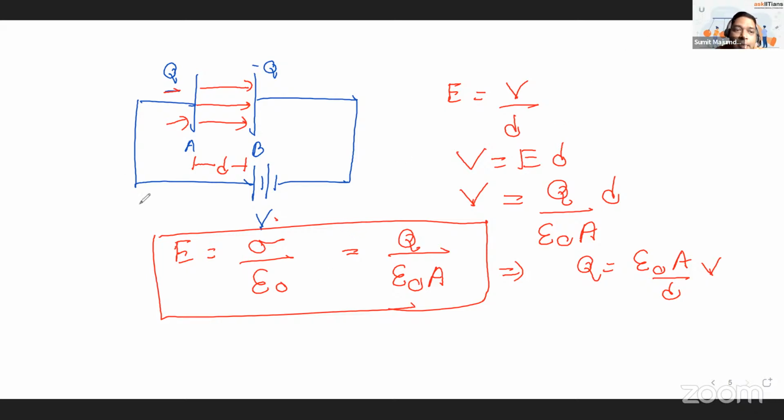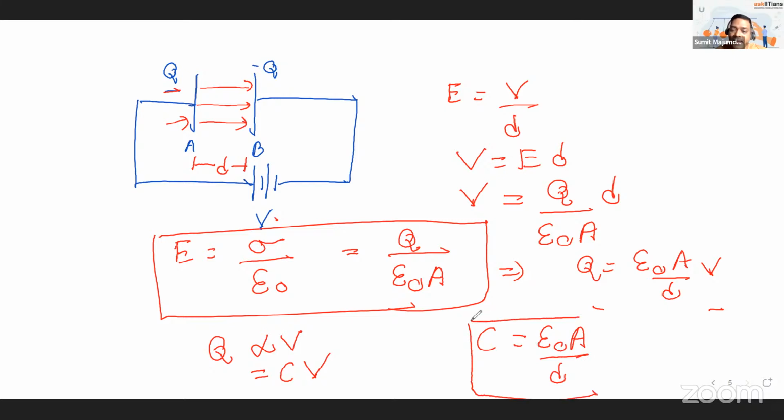So we will say that the charge is proportional to the potential difference. And here we have already got a relation between them. Therefore we say that the proportionality constant is capacitance C. So C becomes equal to epsilon naught A upon D. So we get the capacitance as epsilon naught A by D.